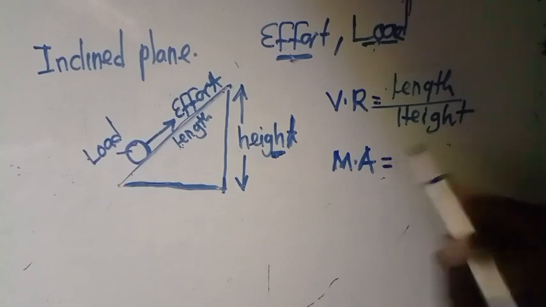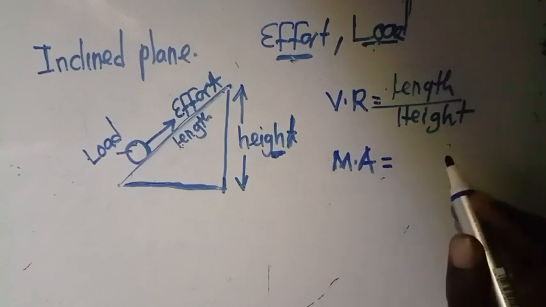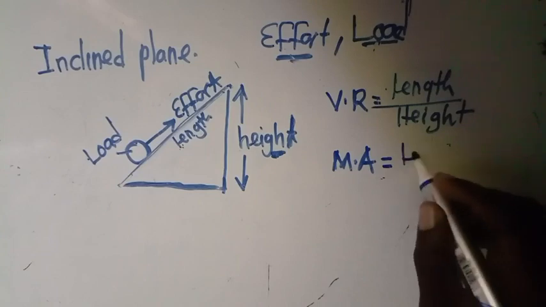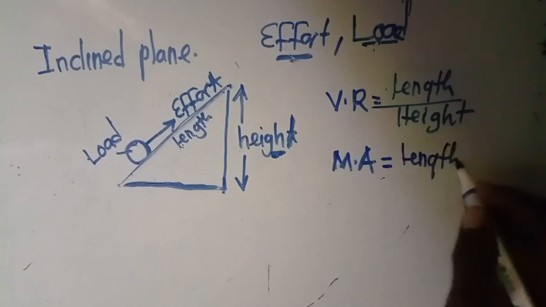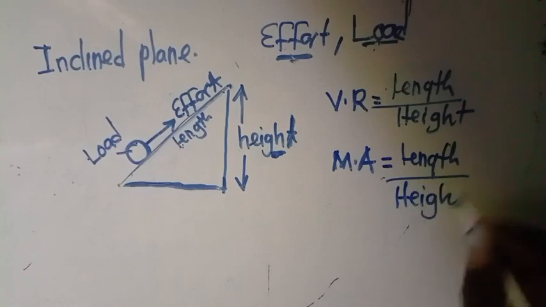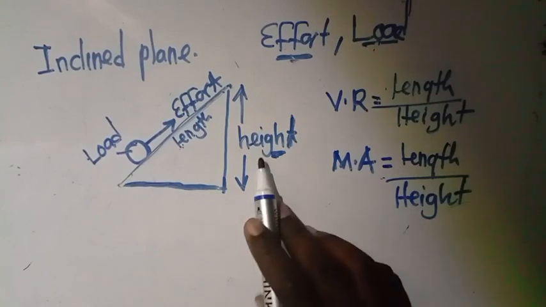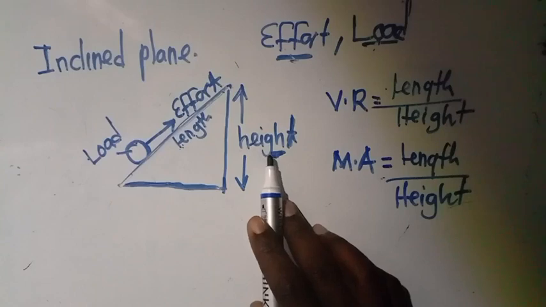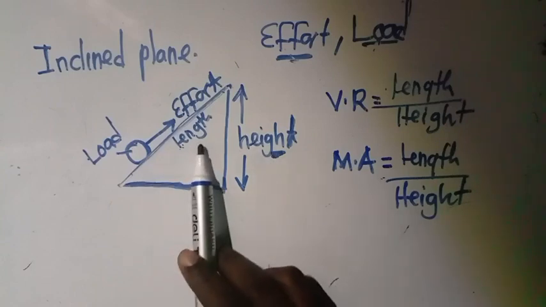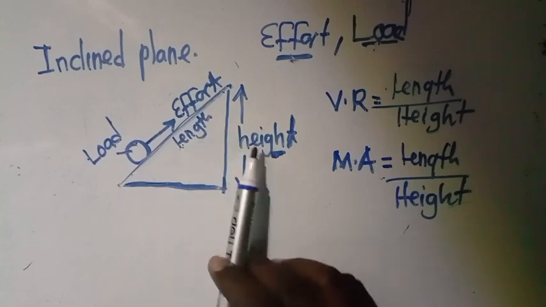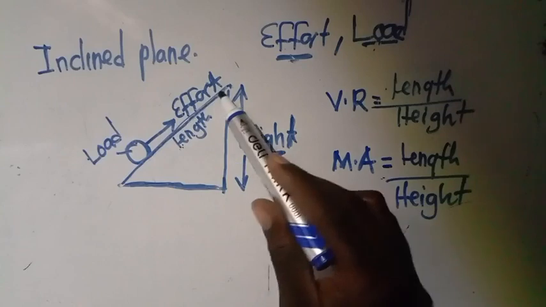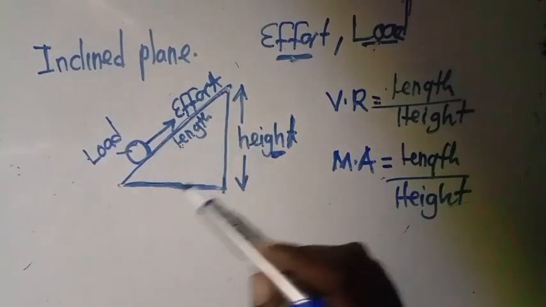So mechanical advantage in terms of length, what you are supposed to do is you just say, okay, it is length over height. Same formulas, length over height. You know where the height is according to this. You know where the length is. So don't say height over length, then I give you a question, then we call this as height, then you try to confuse things.